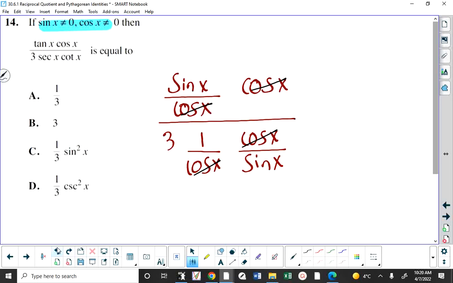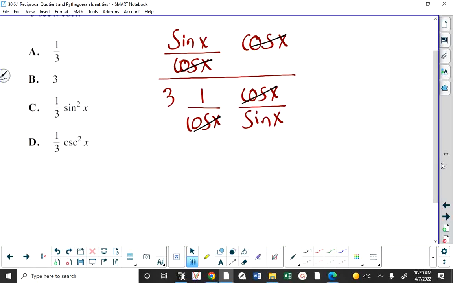So now I'm going to rewrite what I have left. I have left on the top sine x, on the bottom 3 over sine x. I could write 3 times 1 over sine x. It's not going to matter. So now I have this thing that needs to go.